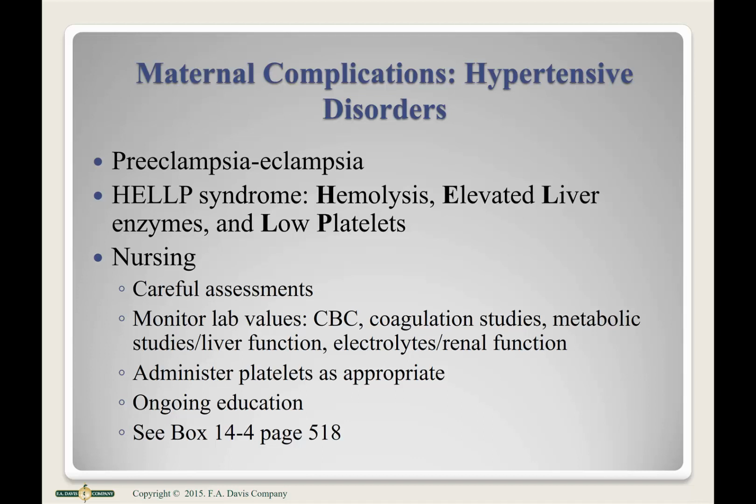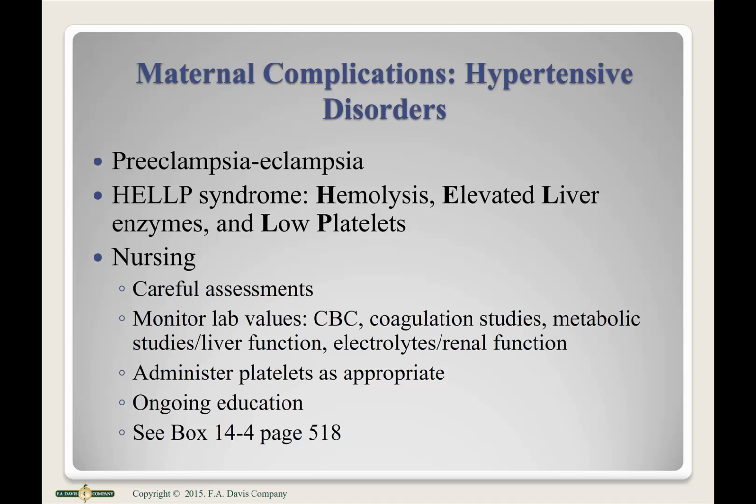The one thing that we're going to do to evaluate for preeclampsia and HELLP syndrome is we're going to monitor our lab values. So we're going to look at our CBC. Our CBC is going to tell us our red blood cell count and our hemoglobin and hematocrit. It's also going to tell us our platelet count. We're going to do coagulation studies to see if we're starting to have any clotting problems. We're going to look at our metabolic studies and our liver function studies that are going to tell us if we're having any elevated liver enzymes, so we now have liver involvement.